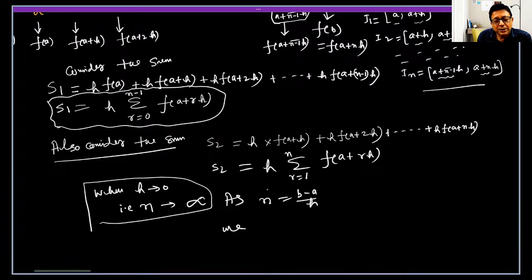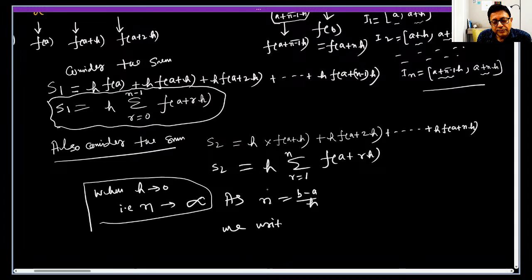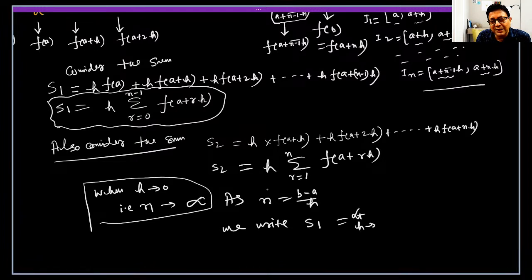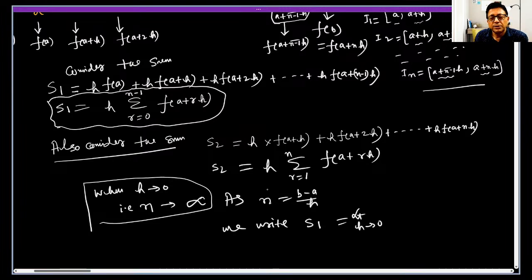We write S1 equal to limit h tending to 0, h sigma r equal to 0 to n minus 1, and S2 equal to this.